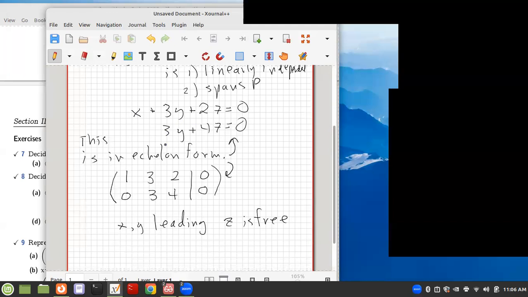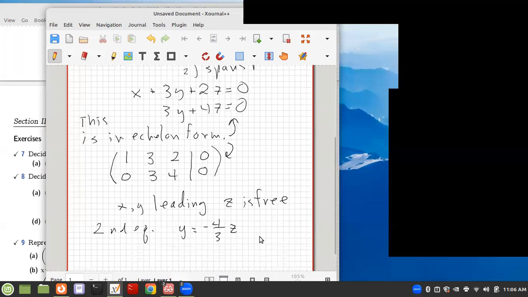So we can just do back substitution here, solving the second equation to get Y equals minus 4/3 Z, right?